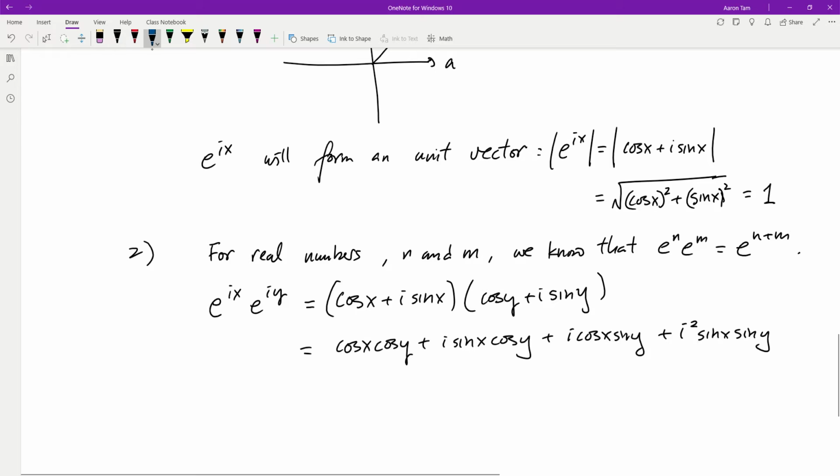So i squared becomes negative 1. And therefore, if I now look at this, I notice that I have two real terms and two imaginary terms. So I'm going to group them together. The real term would be cosine x cosine y minus sine x sine y.